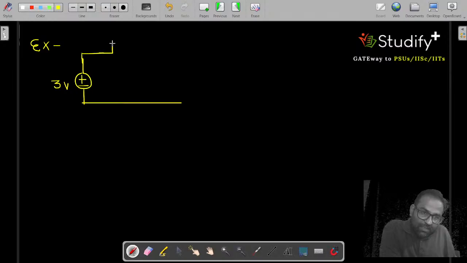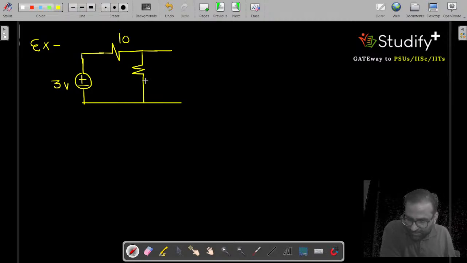One resistance is given as R1, and the value of R1 is 10 ohm. One more is R2, R2 is given as 5 ohm, and one inductor with a switch is given.